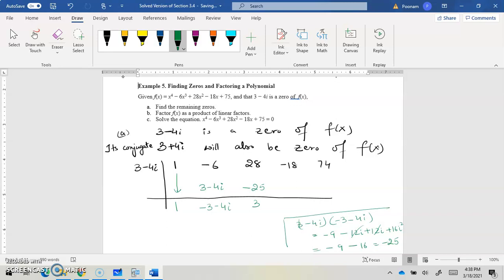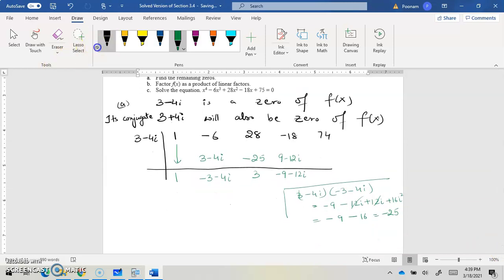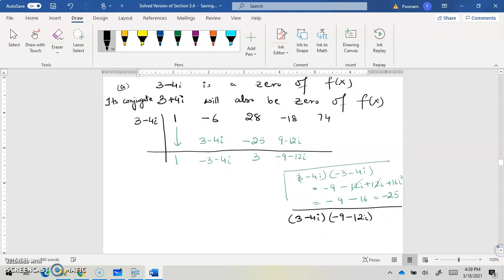Multiply 3 minus 4 iota by 3 would be 9 minus 12 iota. Adding, we get negative 9 negative 12 iota. Again, we need to practice how to multiply 3 minus 4 iota with negative 9 minus 12 iota. We can distribute.